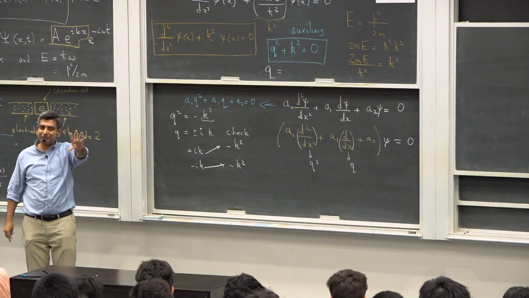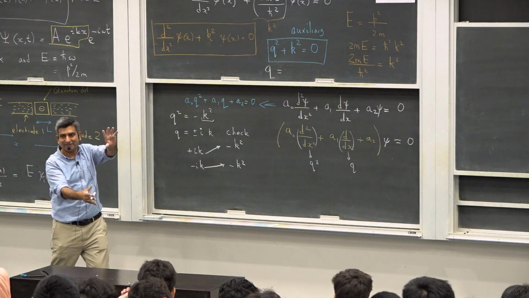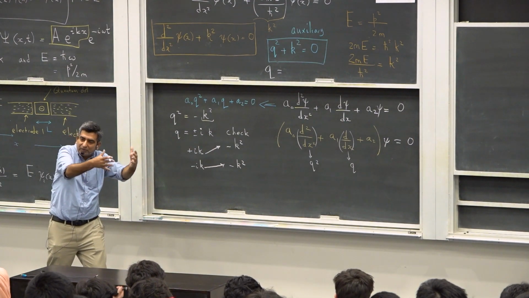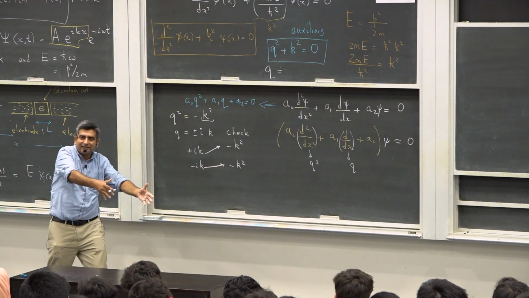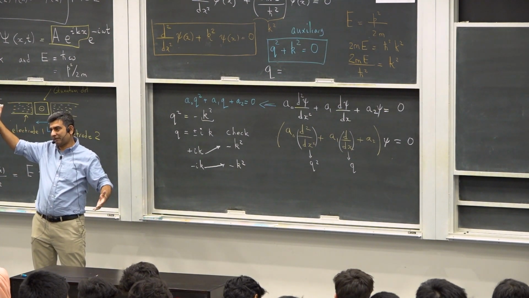So I take the differential equation, I write the auxiliary equation and solve that auxiliary equation and find out the solutions of that auxiliary equation. Now once I've done that, I can predict what the solution of the original differential equation looks like.